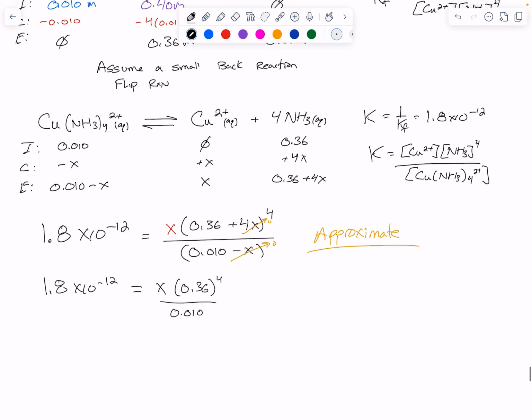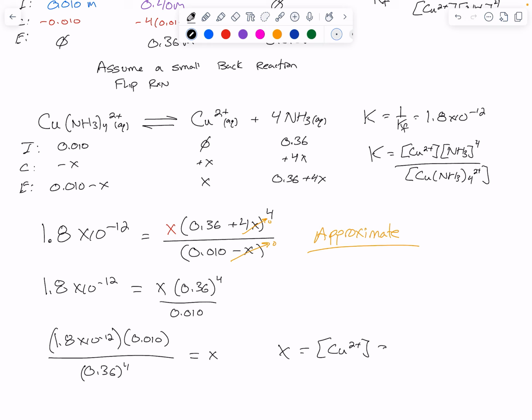All right. And so what does that become? That means we get 1.8 times 10 to the negative 12 times 0.010 divided by 0.36 to the fourth equals x. So x, which equals our copper ion, is what? Let's see. 1.8 times 10 to the negative 12 times 0.01 divided by 0.36 to the fourth.